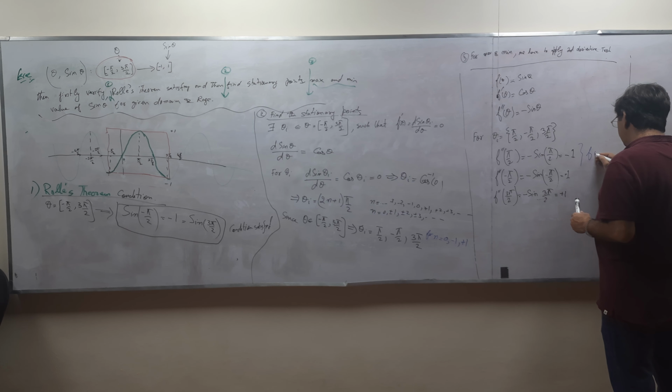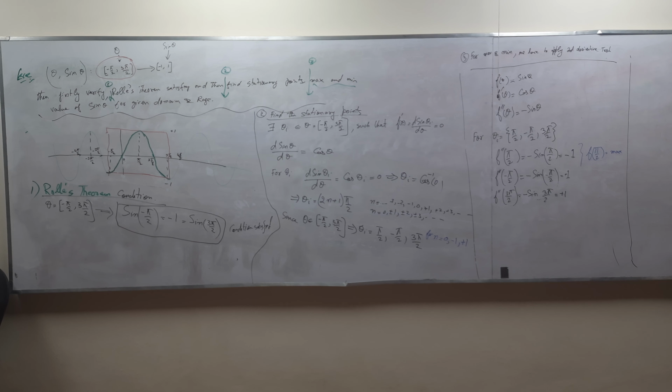F is maximum. Here f pi by 2, because it is negative, f pi by 2 will be a maximum.